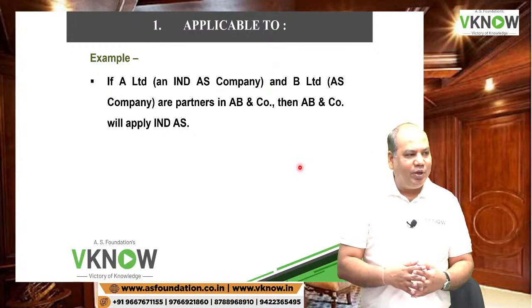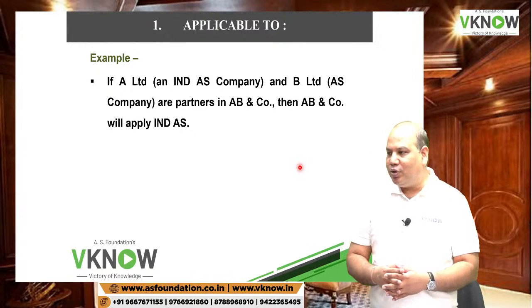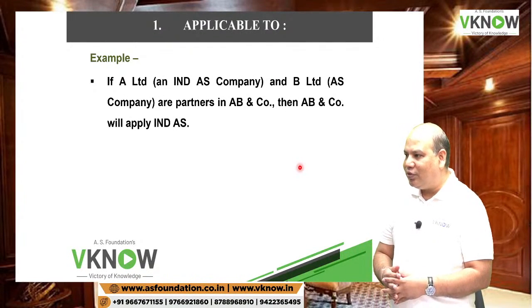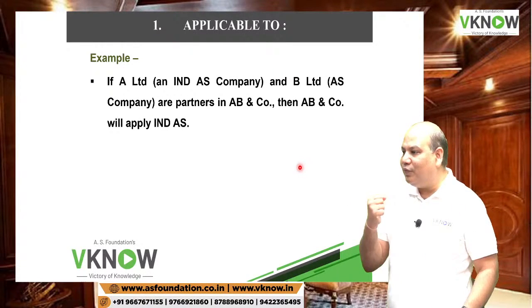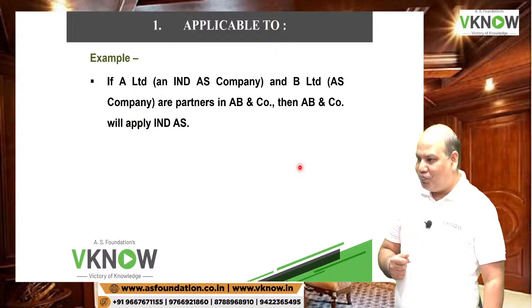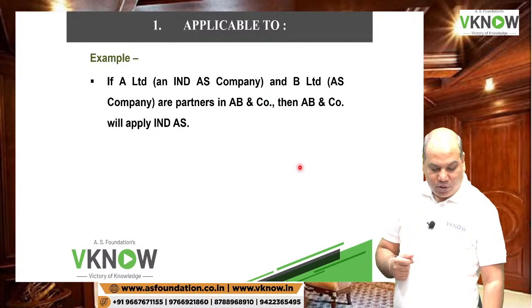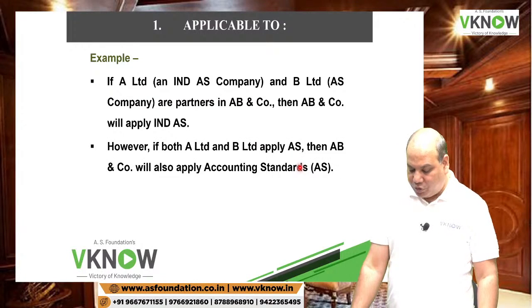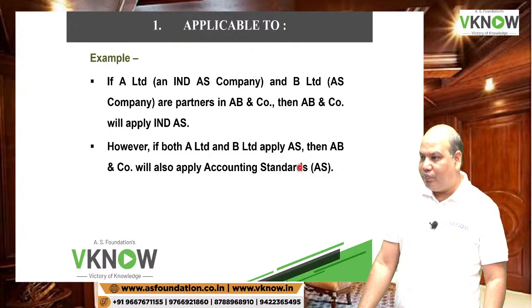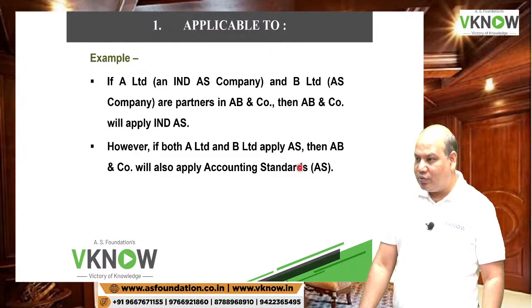So AB and Company is now in confusion. One of my partners follows AS and one of my partners follows Ind AS. What will I follow? What will this company follow? Come on. The answer is Ind AS, because the moment one of your parent companies or investors follows Ind AS, you will also follow. Next question.